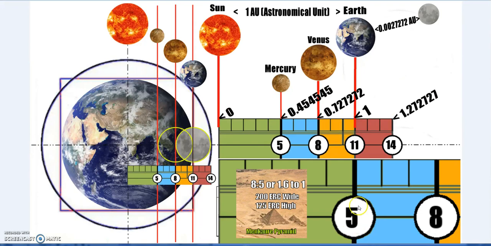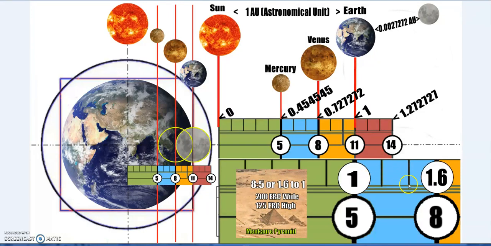And now we have that 5 to 8 ratio. 5 to 8 describes the height to the width of the Menkaure pyramid. It also describes the relationship between the Great Pyramid and the Meidum pyramid, which both share the 7 to 11 ratio, which is the basis of this. So this is not the only relationship between the pyramids.